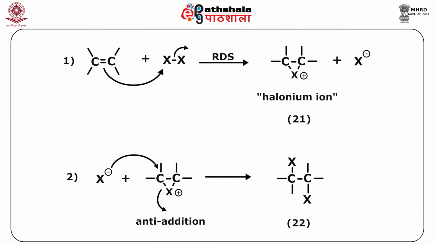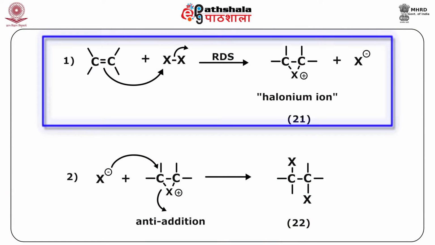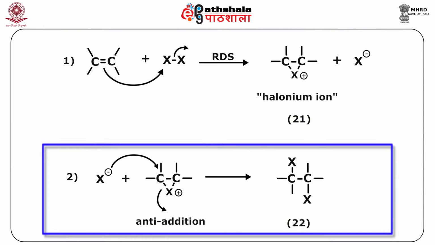What does the stereochemistry tell us about the mechanism of addition of halogen to alkenes? It can be seen that the halogen bond breaks and the addition to the carbon-carbon double bond takes place by a concerted halonium ion intermediate. The intermediate is then attacked by the negative ion on the opposite side, leading to the anti-addition of the halogens.